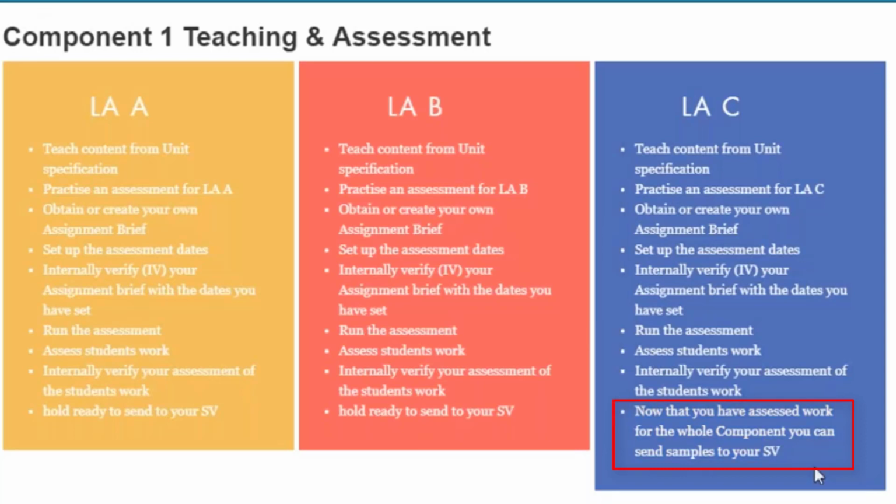This is now ready to be sent to your SV, and then you'll get a report very quickly back which will either say thumbs up, all good, carry on, and the assessments that you've applied across your whole cohort stand, or there will be actions in the report that need to be taken either by yourself or the students in order to remedy the situation.